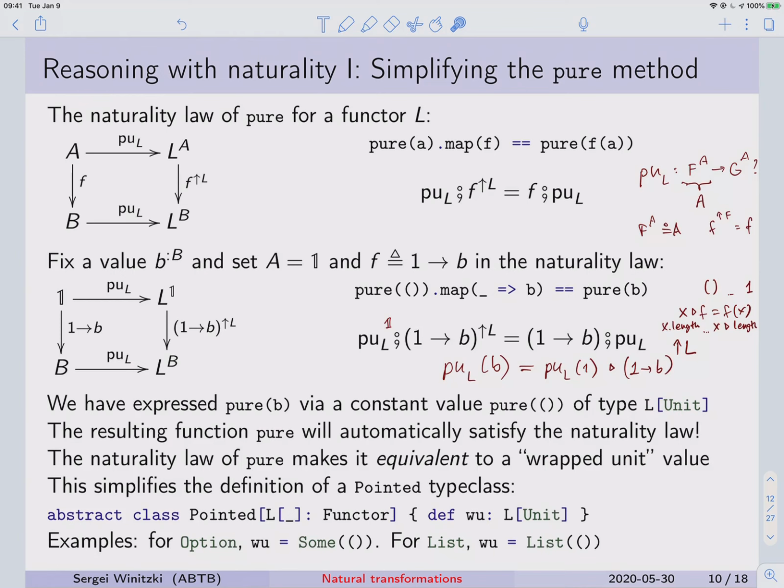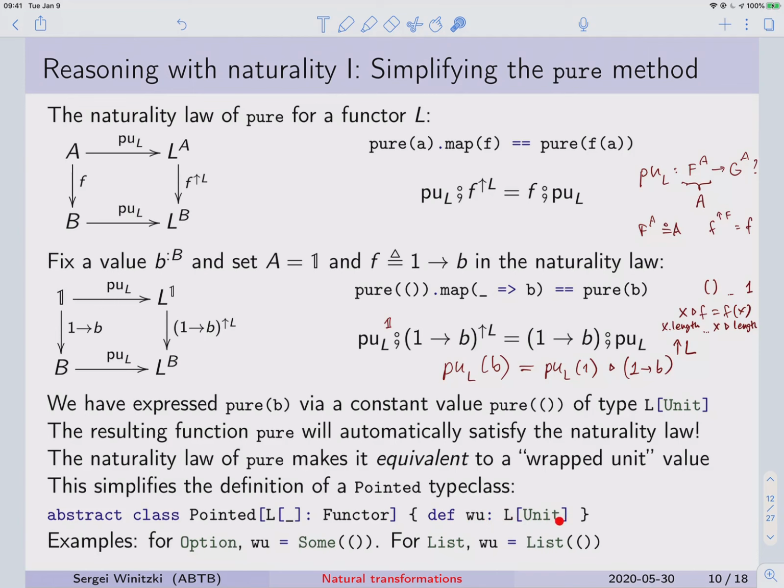And this can simplify the definition of the type class. Let's say that there's a pointed type class with the method pure, or monad or applicative type class that have this method. Instead, we can just require to define this one value of type L of unit, and then we can restore the pure method out of that automatically. So it's much easier for the user to write a definition of this.